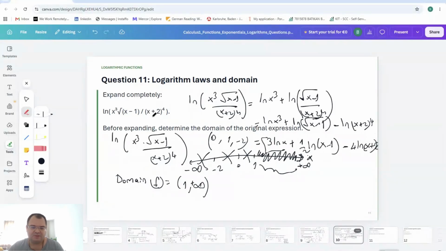These are the same functions. The earlier one is the combined form, with all the values put into the ln, and this is the stretched form. You are just expanding this function. So that is the answer for this question.